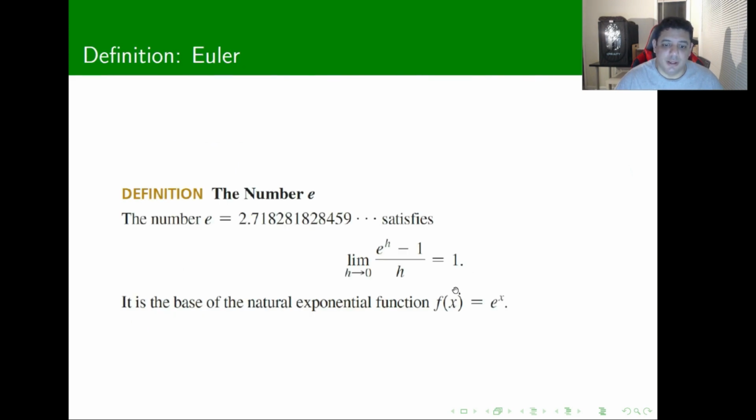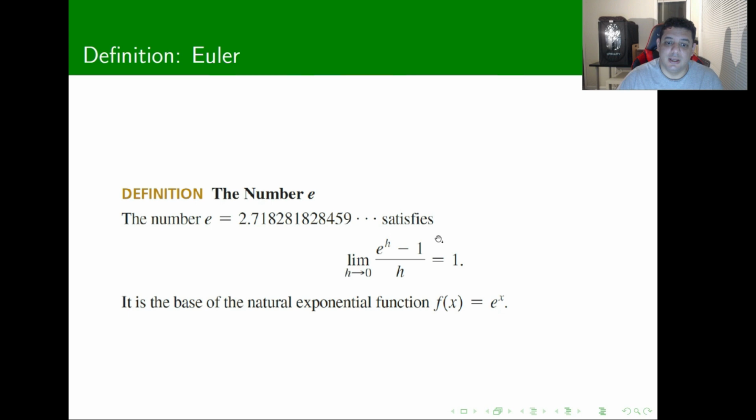Now, moving on. First, let's talk about the number e. If you don't remember the number e, you probably saw it in calculus. This is a decimal number that is non-periodic. It's an irrational number. And it's 2.71828182845, and you have a bunch more decimal digits. This particular number satisfies that the limit when h goes to 0 of e to the h minus 1 over h is 1.